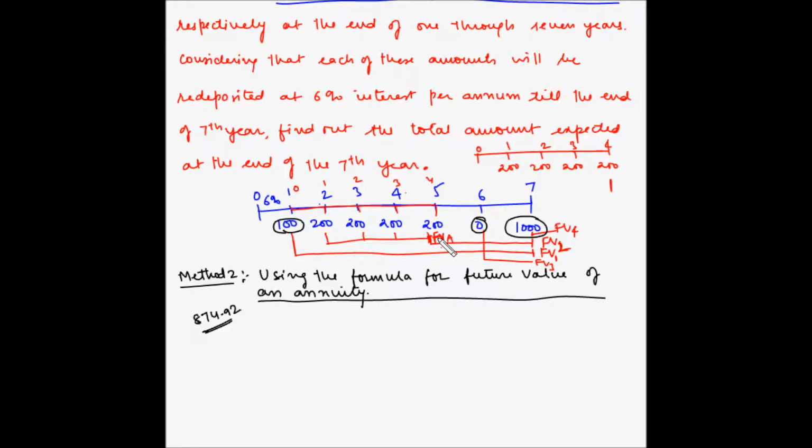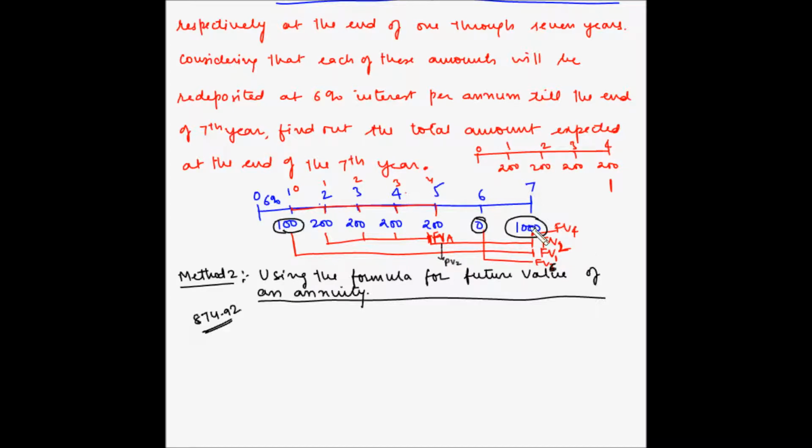However, while we are calculating the value of this amount at the end of 7th year, this FVA will become the present value. So let's call this PV2, because this will get converted into FV2. Now the value for 6th year, let's call this FV6 just for the ease of understanding and clarity.